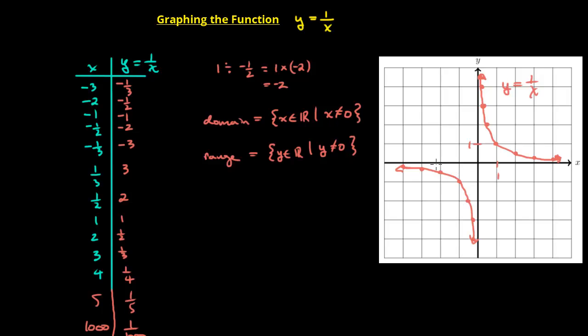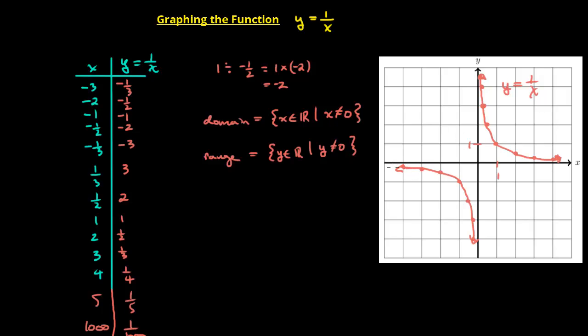And as we plug in larger and larger negative values for x, we get smaller and smaller negative values for y. So we get really, really close to the x-axis, but this graph never touches the x-axis.